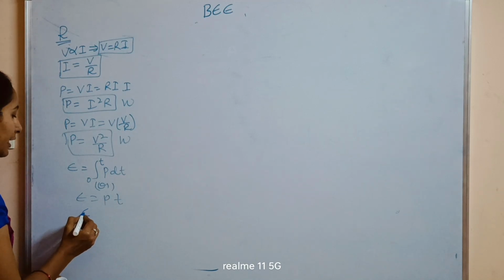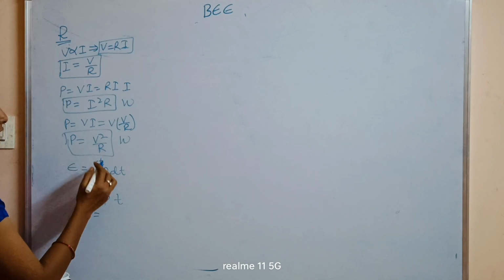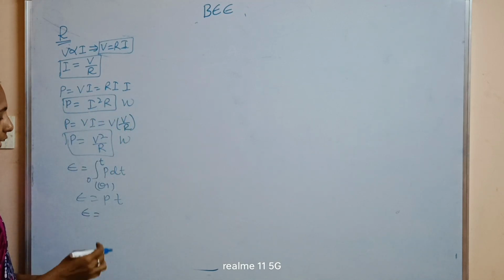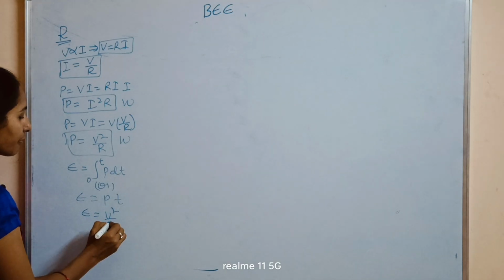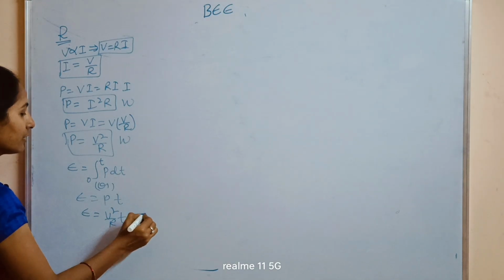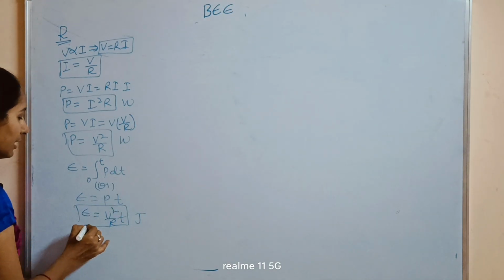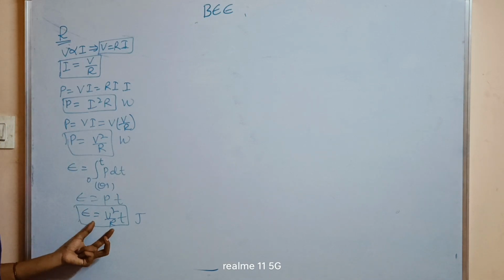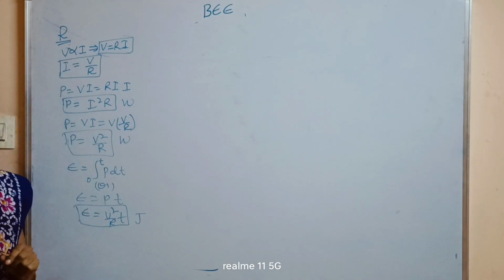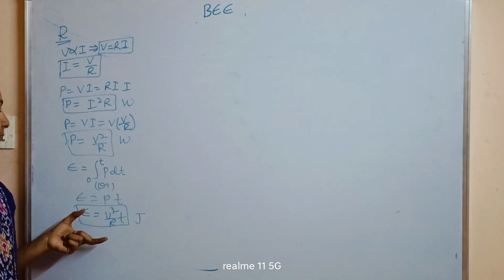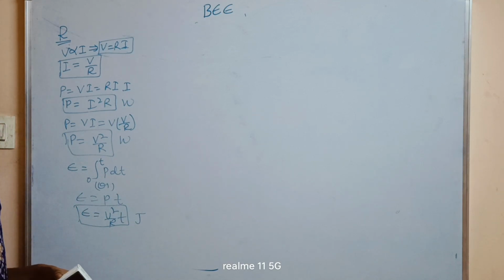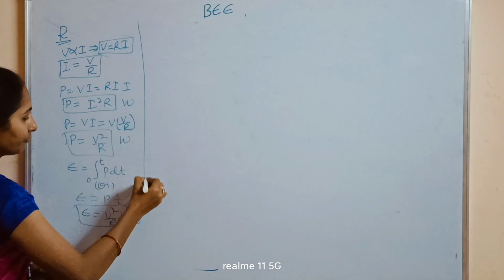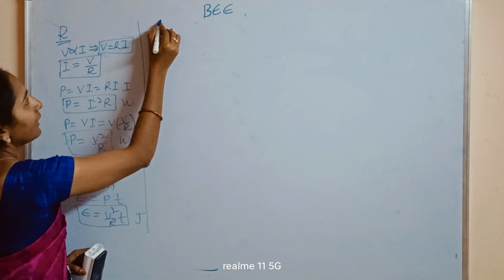So E equals, here we can write it as I square R or V square by R. So suppose I am writing V square by R into T joules. This is the energy dissipated. It is a dissipating element, not a storing element. So this much amount it can dissipate in the form of heat. Okay, so resistor completed. Now coming to inductor.